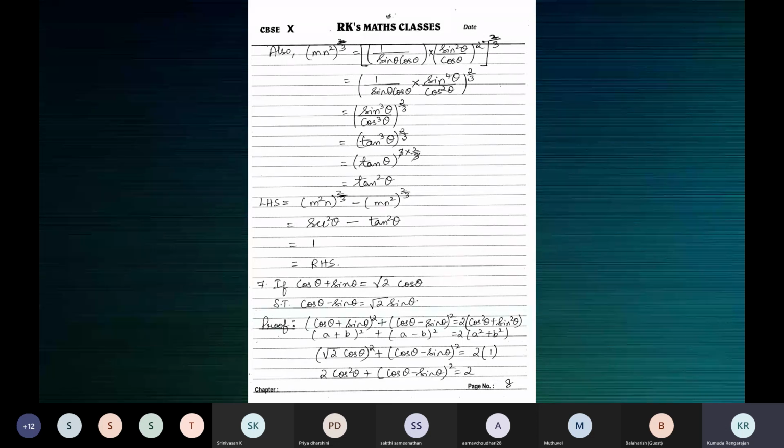Let's do the 7th one. Take a picture. We'll do the 7th one.